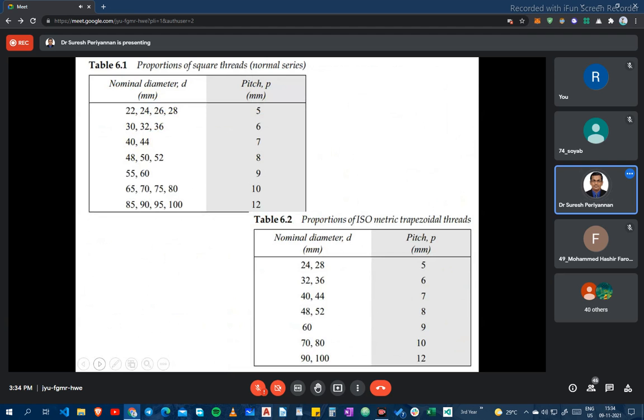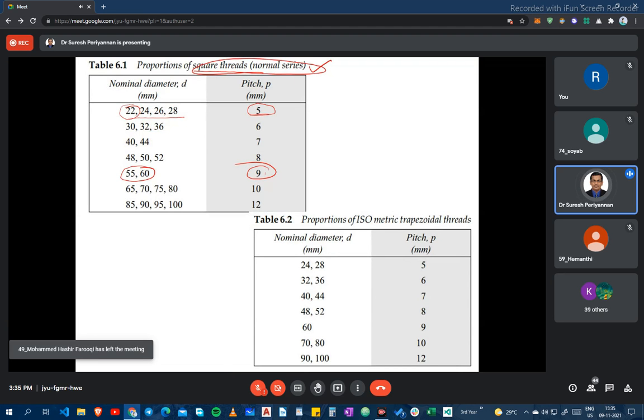Now see, this is the nominal diameter of the thread, the nominal diameter of the bolt: 22 mm, 24 mm, 26 mm, 28 mm. Then we have to follow a 5 mm pitch. Suppose my thread nominal diameter is 55 mm or 60 mm, we have to follow a 9 mm pitch. This is for the normal series of square thread.